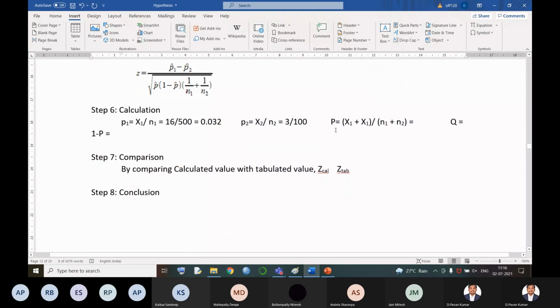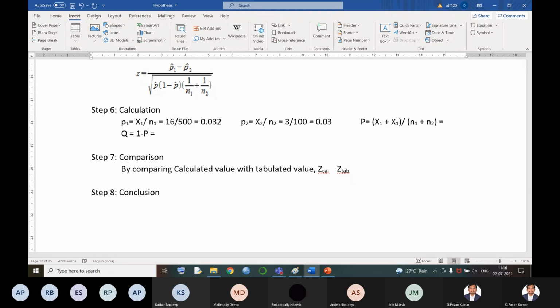The same values I am going to substitute over here. This 3 by 100 is 0.03. Okay. Now finally, we have to write this expression, that is capital P. When two samples are given, the capital P value will be decided based on both values. What are those values? The numerator is 16 plus 3.